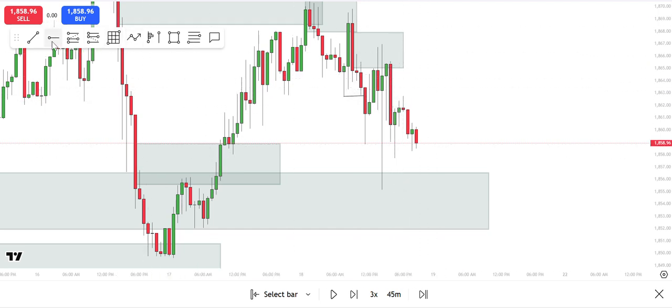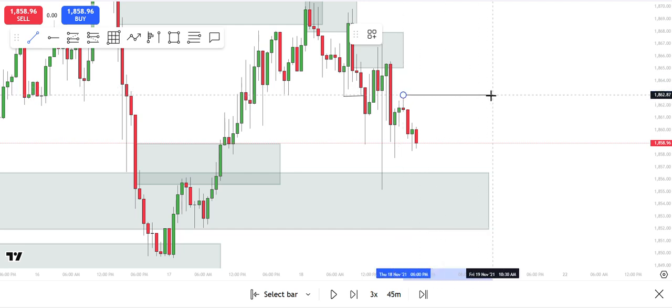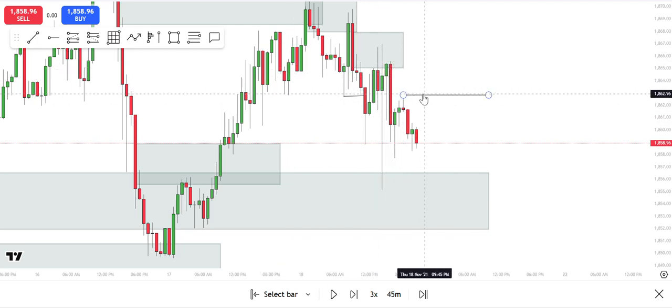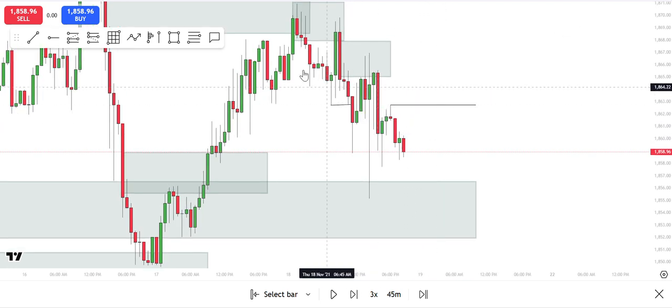And so now let's see, we could have inducement here into the supply. And now we see that price has pushed into here, and then we have this one happen, and the price tapped this supply that was here. So now we should expect to see price continue the sell here.